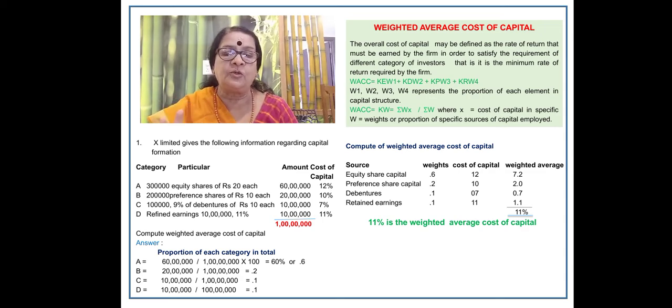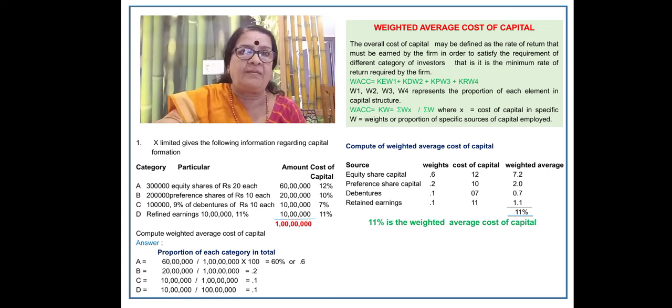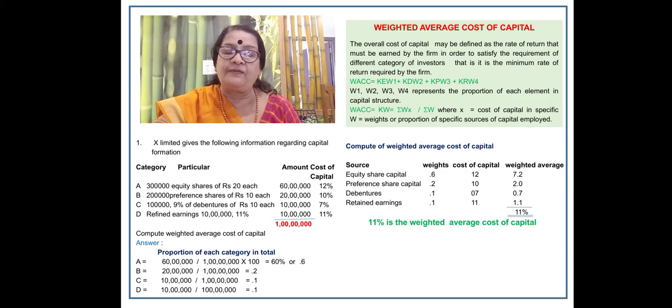So here in this problem, there is no need of finding out the proportion. This is another method. So you take the amounts. That is, debt is 15 lakh, preference shares 12 lakh, equity shares 18 lakh, retained earnings 15 lakh.